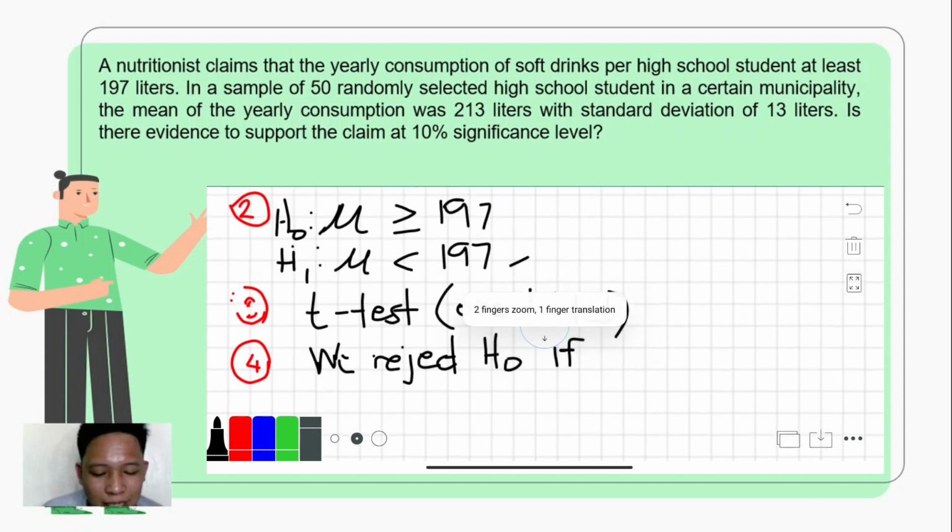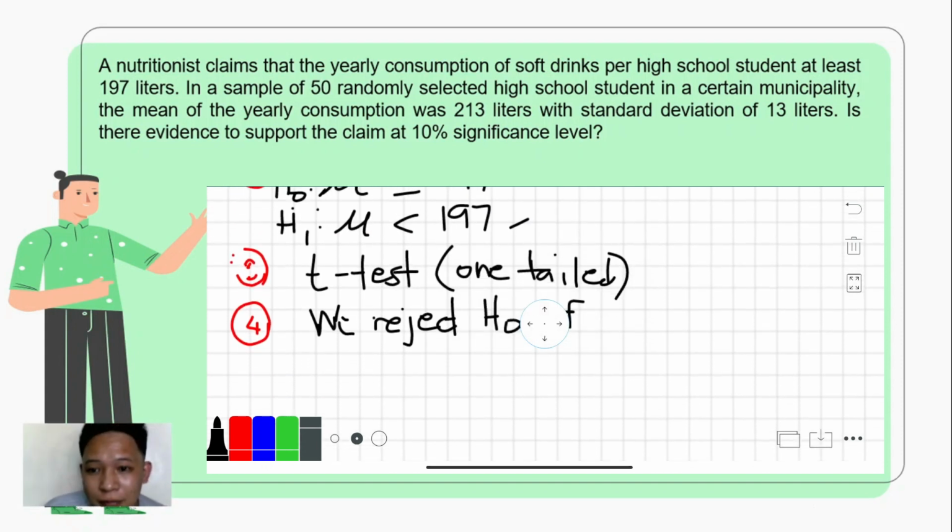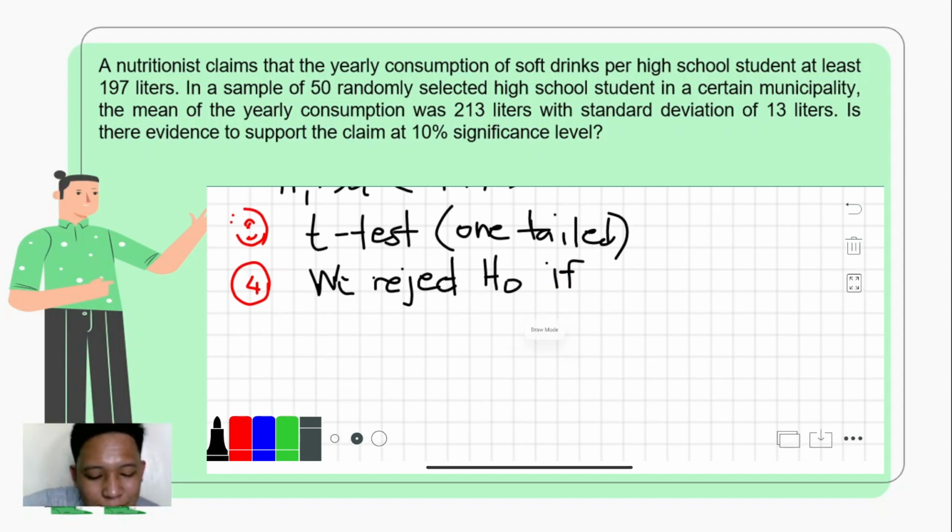So magre-rely pa rin po tayo sa ating alternative hypothesis, to which our alternative hypothesis states that mu is less than 197. So if it's less than, then we are looking for the direction towards the negative value. Hence, our decision rule should be what? That's T computed is less than our negative t of alpha, comma, df.